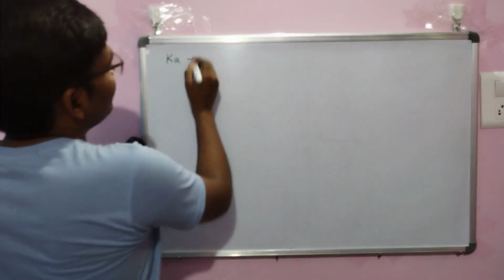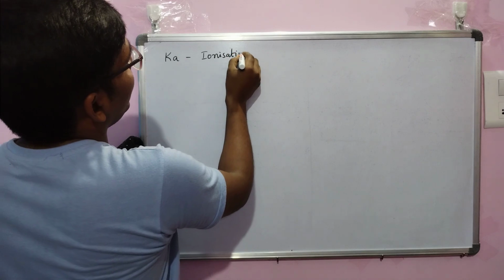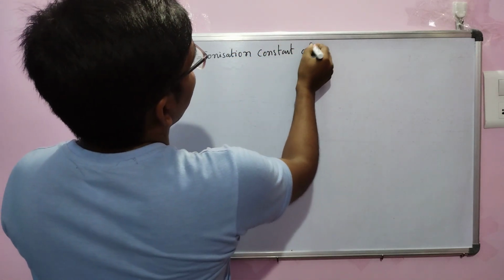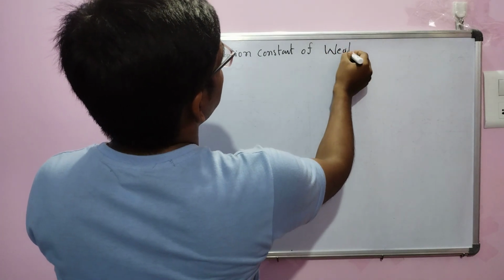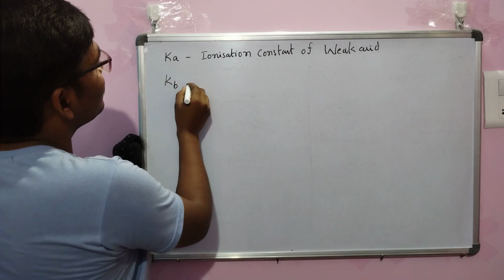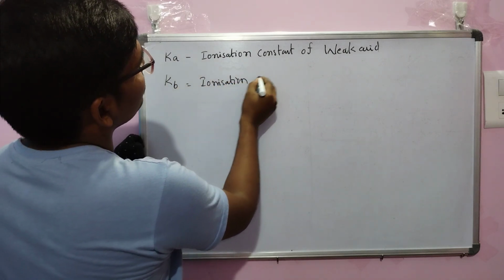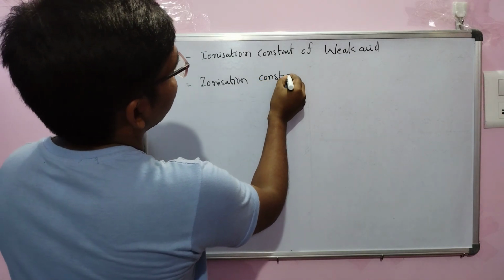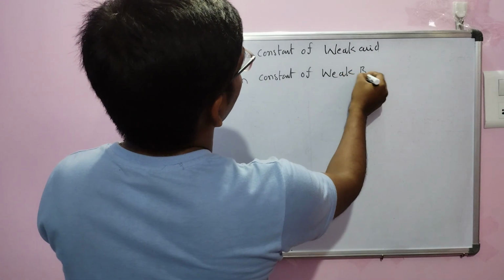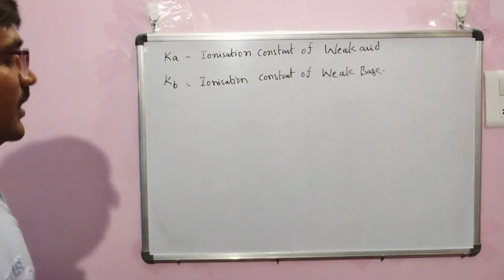Ka is the ionization constant of a weak acid. Kb is what? The ionization constant of a weak base. Yes, weak acid, weak base.